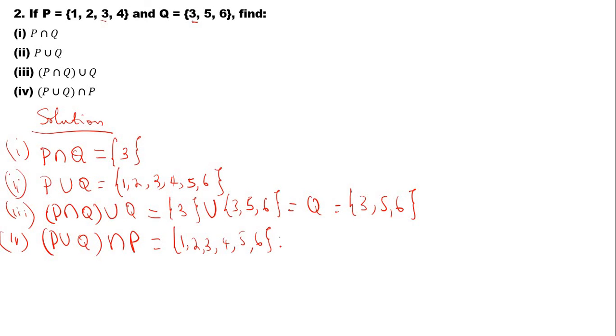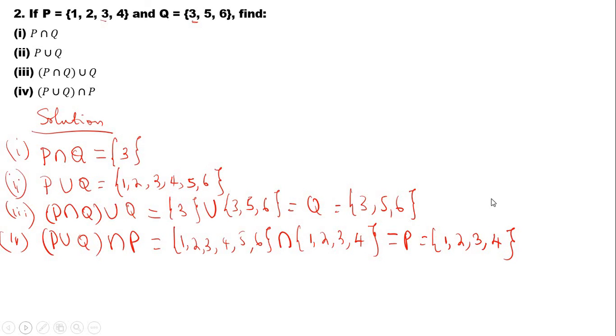So if we take it with P, which is 1, 2, 3, 4, what do they have in common? It is just P, which is 1, 2, 3, and 4. So look at it again and again.